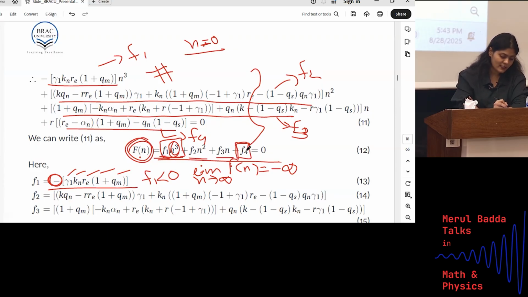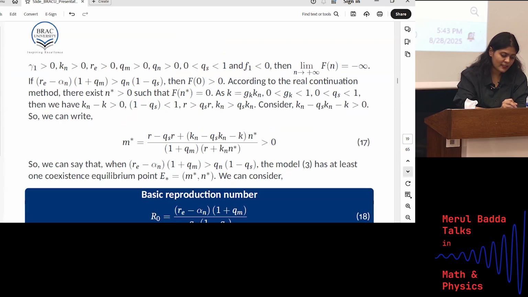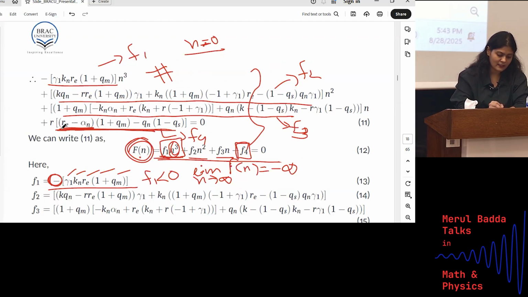We have considered that if this term is greater than this term, then putting N equal to 0, we can say that f of 0 is greater than 0.